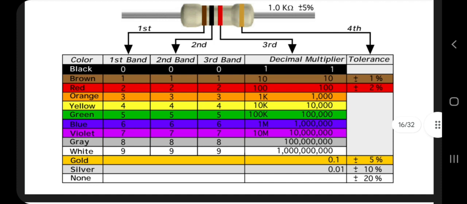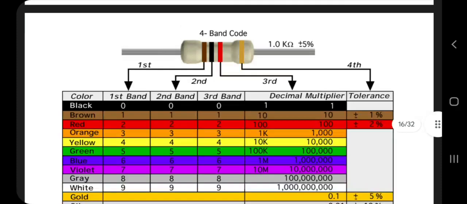For the second band also, black has 0 value, brown has 1, red has 2, orange is 3, yellow is 4, green is 5, blue is 6, violet is 7, grey is 8, white is 9.